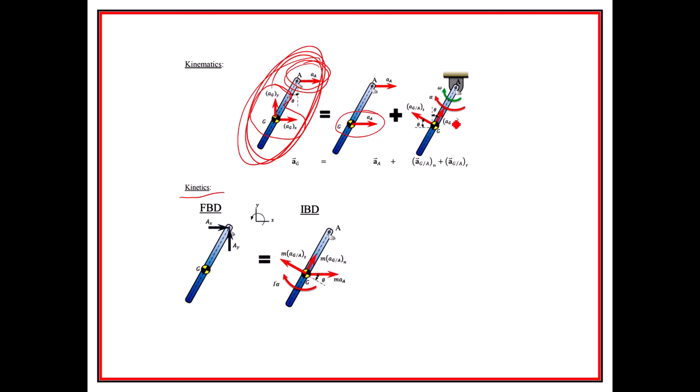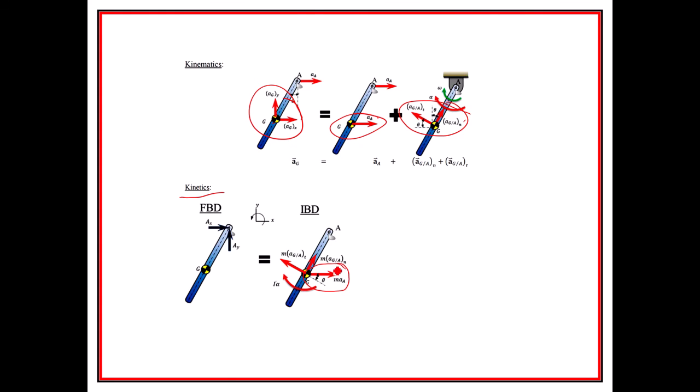Go to this right here and this right here. Remember that the acceleration that we care about is at the center of gravity, and that is a combination of translation and rotation. So we could keep the translation right in here as one of our knowns, and we have one of these as an unknown, and this as an unknown.